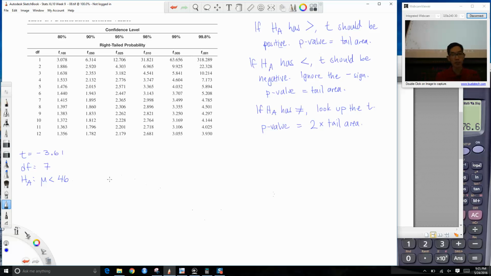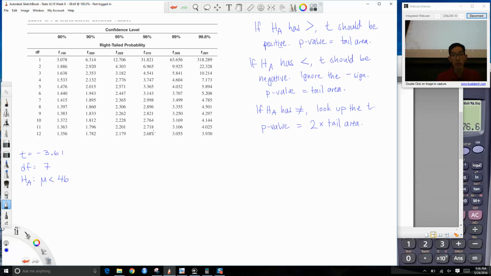What is our p-value? First of all, what's our tail area here? With n equal to 8, we have degrees of freedom equal to 7. So I have 7 degrees of freedom, and what's my tail area? Between 0.005 and 0.001.